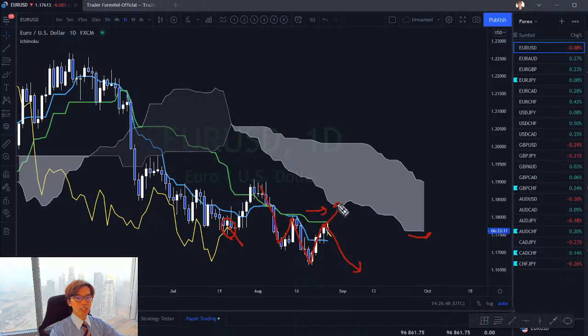Otherwise, it might retrace all the way back to Kumo, in my opinion. But this is the Ichimoku way of looking at the charts. So depending on what kind of confirmations we have, you can make your own decision to take trades.